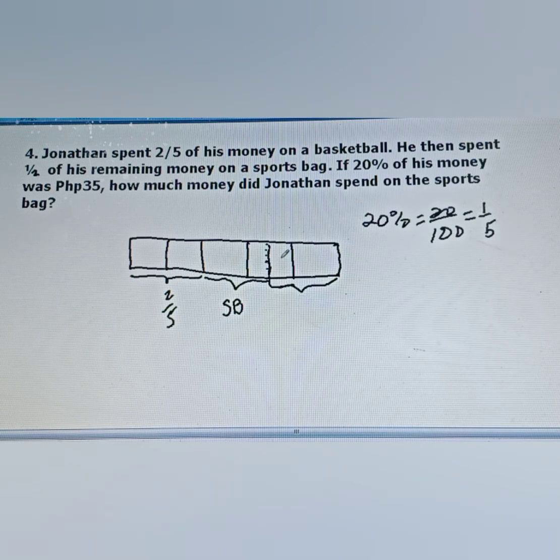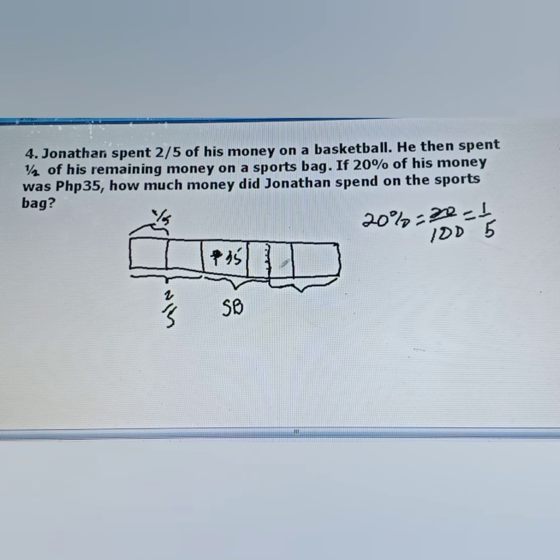A while ago, we had 5 equal parts, so this is 1/5, do you agree? This 1/5 is 35 pesos. Since one part is 35, this must be 35 pesos.